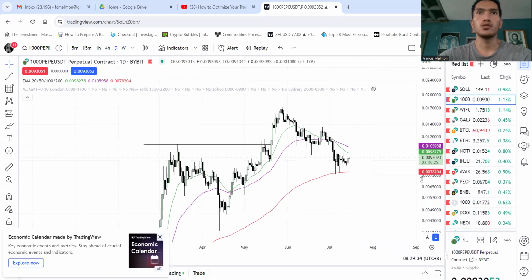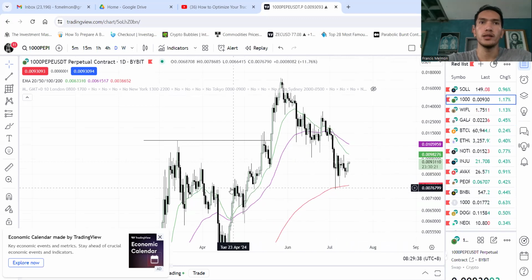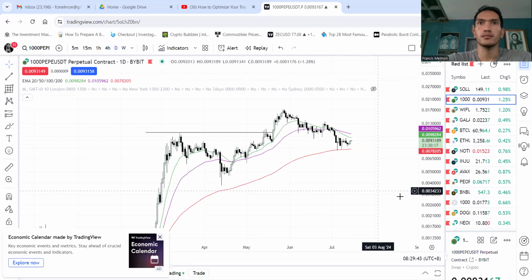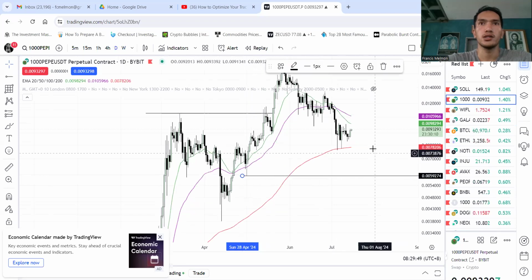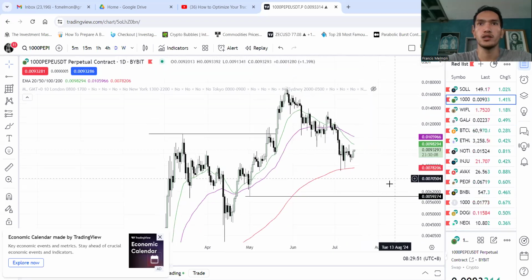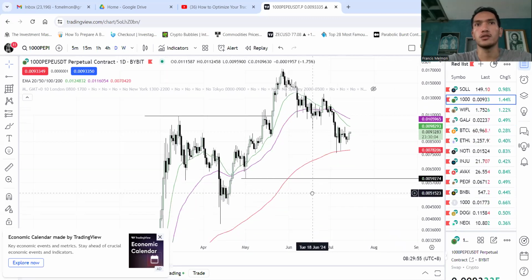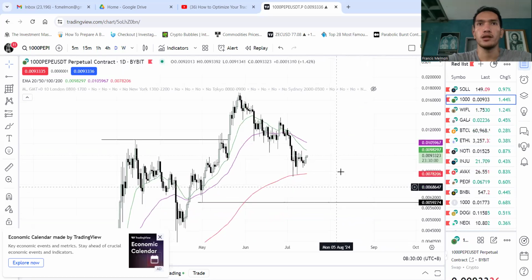We just need to know where will be the support. We might still have a chance to visit this area to take some of the liquidity, and it would still be a viable entry for a bullish price action.